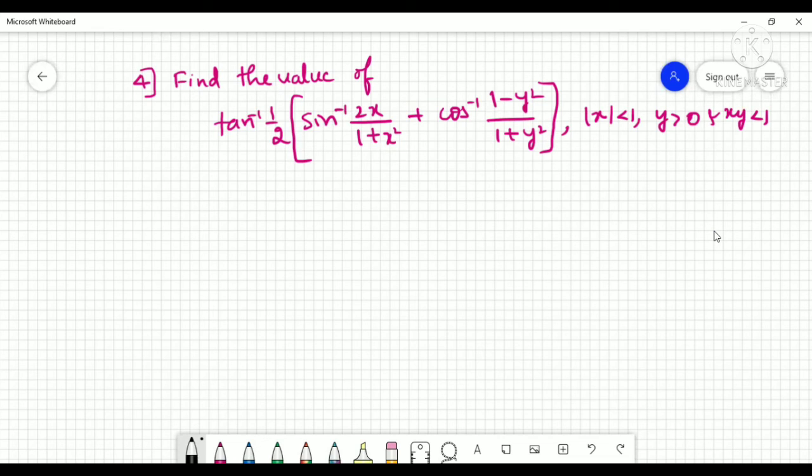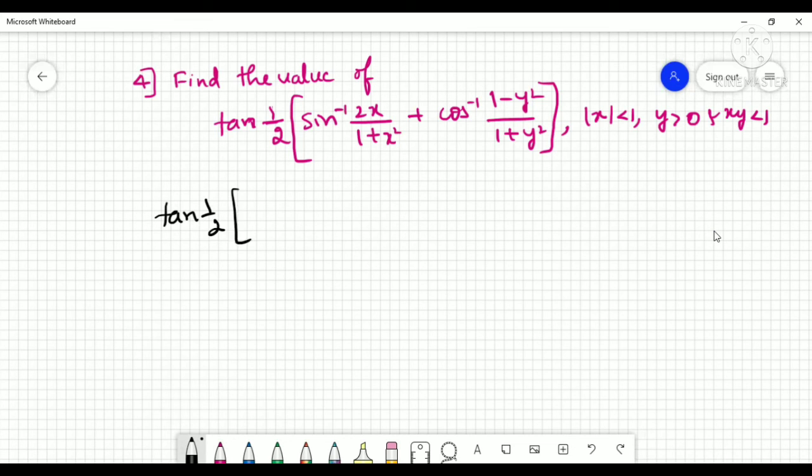It is not a tan inverse. It is tan 1 by 2, and I will write tan 1 by 2 as it is.